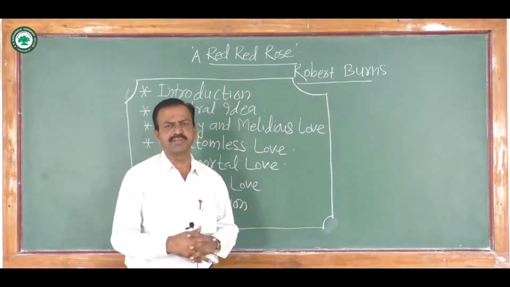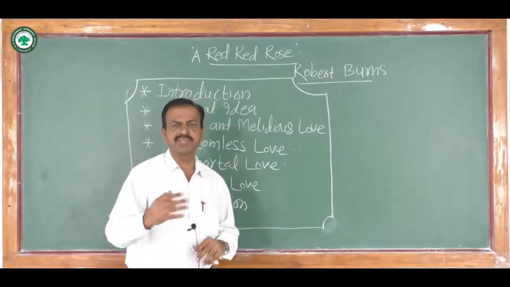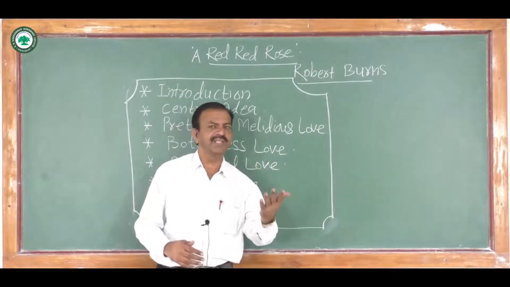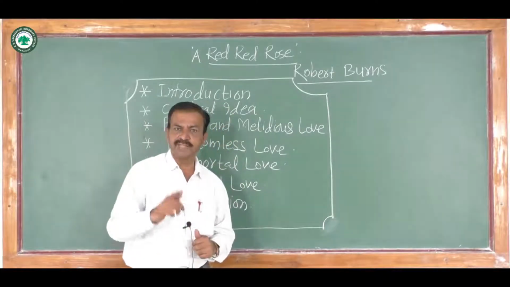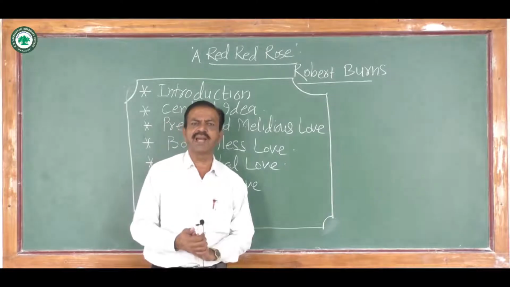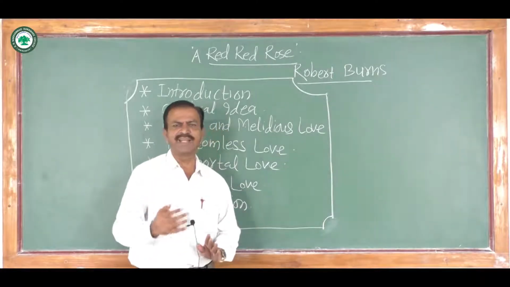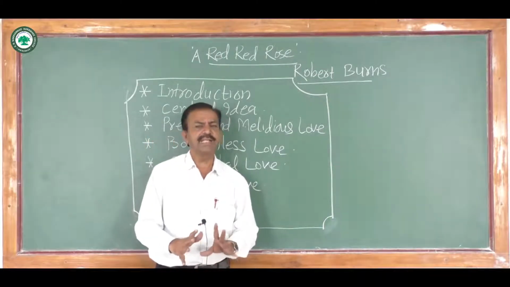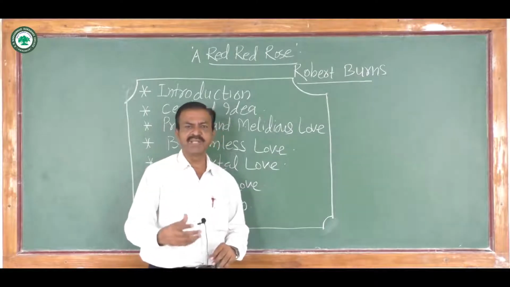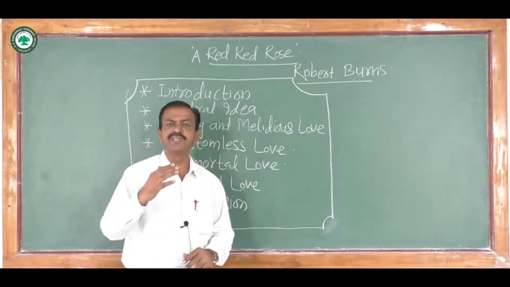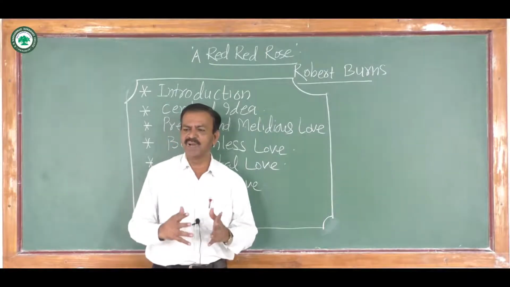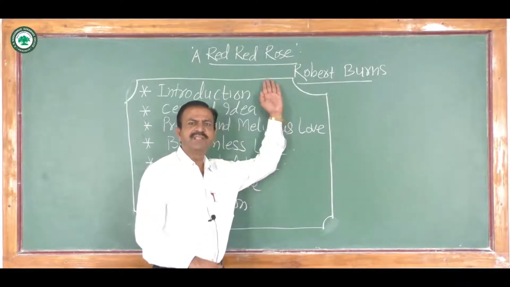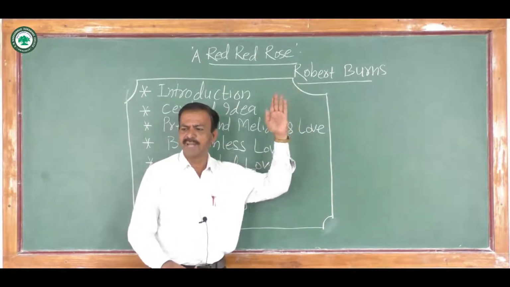Actually, it is not mentioned, but the first person narration indicates that the name of the speaker is not mentioned in the poem, but we can easily understand that the speaker is nobody else but the poet himself. And here he describes his love towards his beloved, or his sweetheart. And the love is compared with the rose and melody.